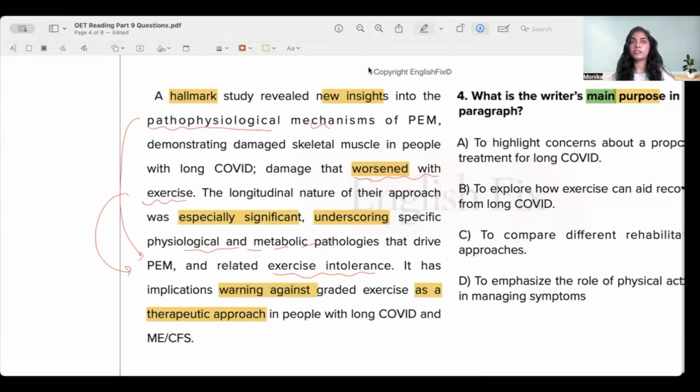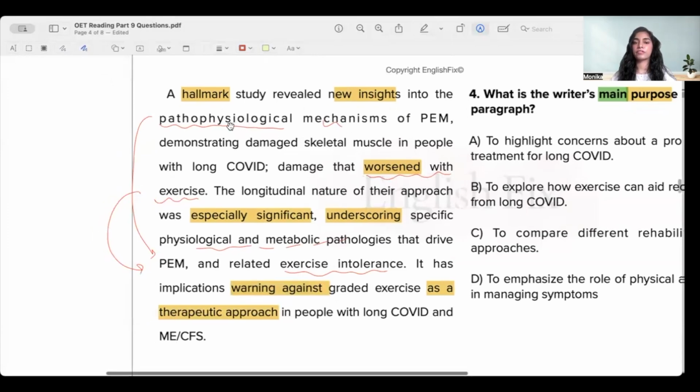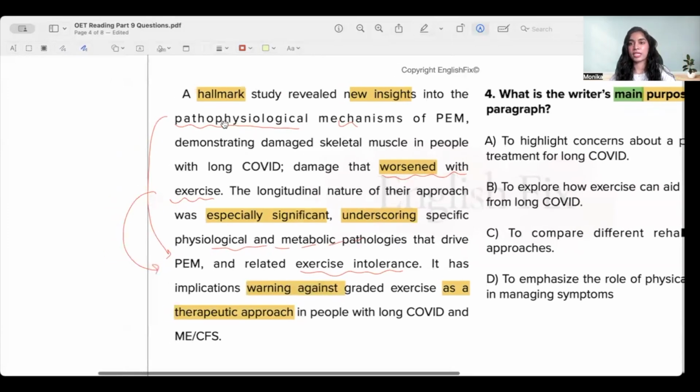So the good thing for me is that in this entire paragraph, they haven't talked about any different idea. They have continued with one idea from the beginning. They have said that we conducted a study. It was a very, very important study, and we found something new. What was the new thing that they found? That the damaged skeletal muscle in people with long COVID became worse with exercise.